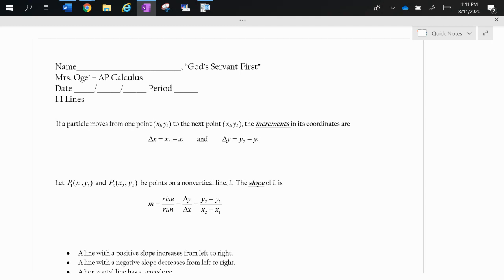And we express difference as delta. And delta, remember, the symbol delta stands for change. So the increments from one coordinate to the next would be the change in x and the change in y.